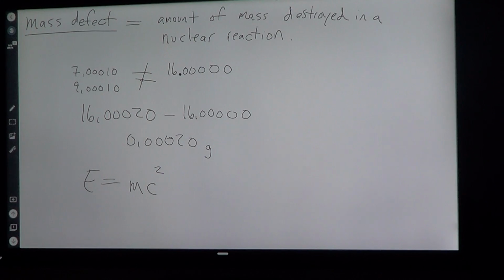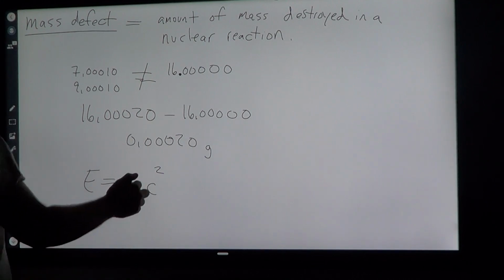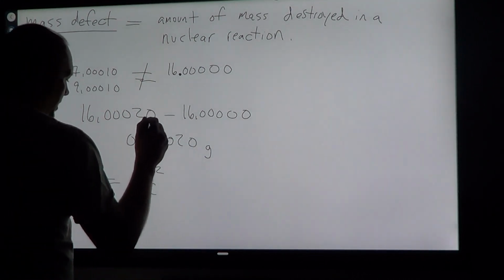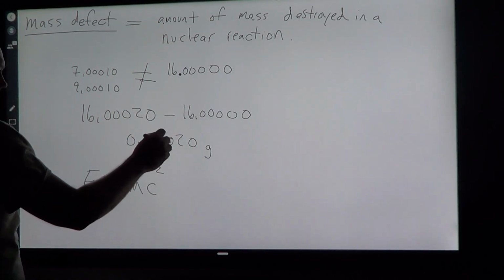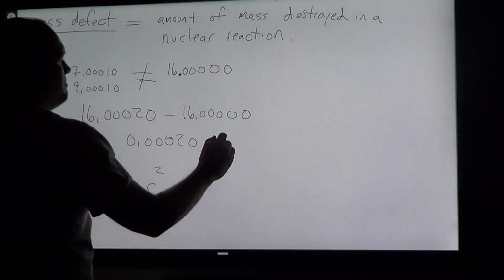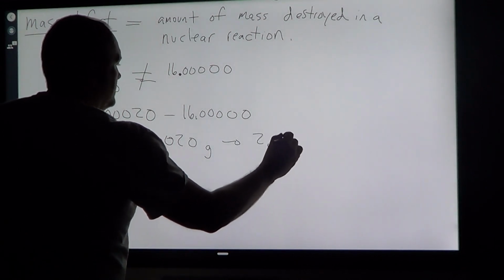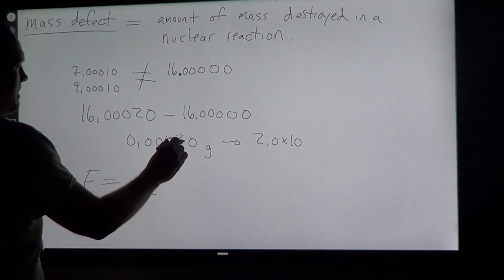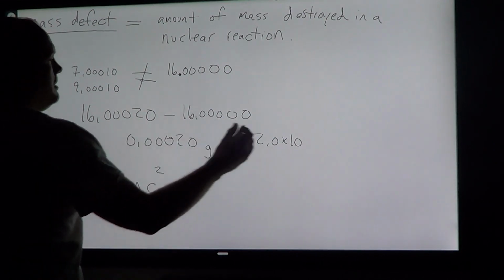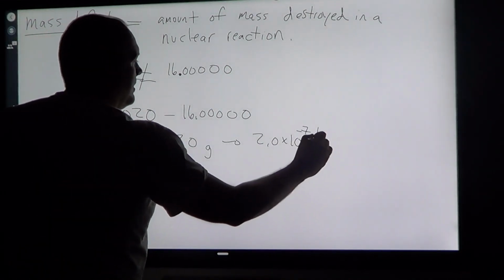squared. And so what happens here is that if you multiply this mass defect, which must be in kilograms, so it's 2.0 times 10, this is already to the minus 1, 2, 3, 4, so it's going to be 10 to the minus 7 kilograms.